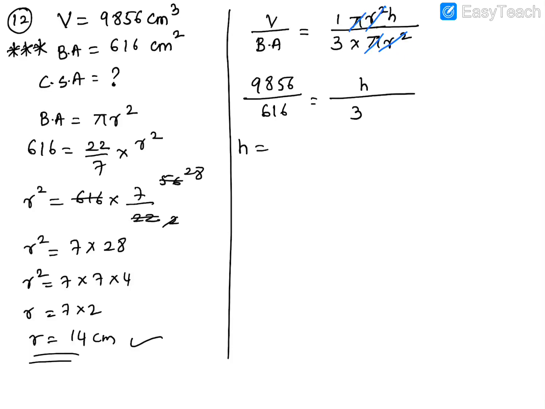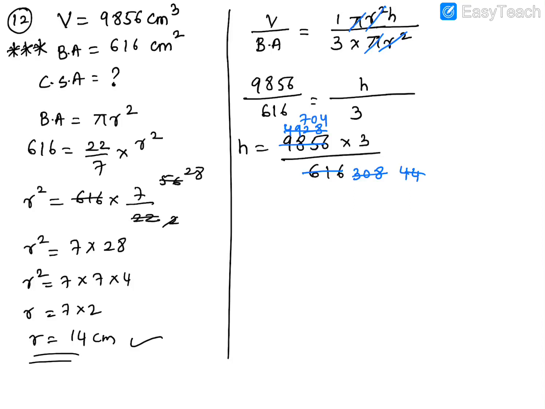So h is equal to 9856 into 3 upon 616. Now divide 9856 by 616. So let's see what we get here. 7 4s are 28, 7 4s are 28, 7 7s are 49, 7 4s are 28.